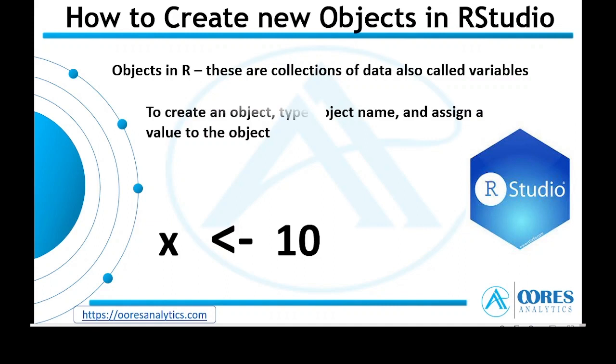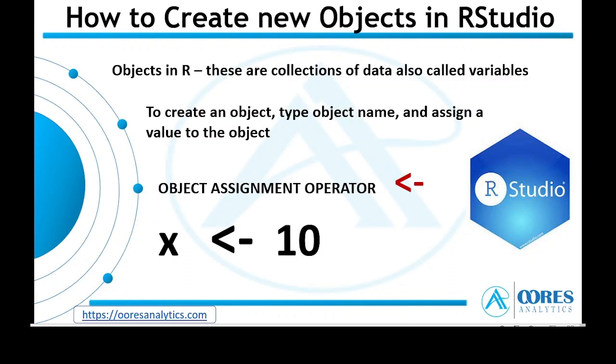An R object is simply a collection of data or variables as used in other programming languages. In a subsequent video, we'll learn more about object classes in R. Creating an object in R is very easy. You create an object by simply typing the object name and assigning a value to it.